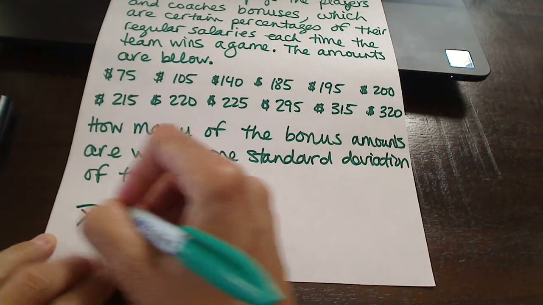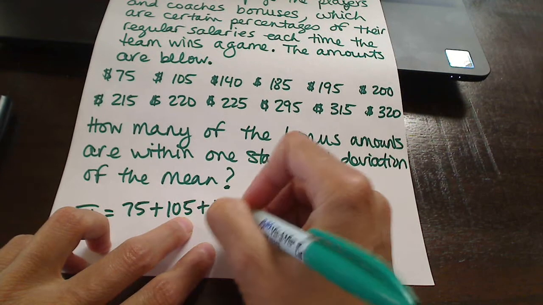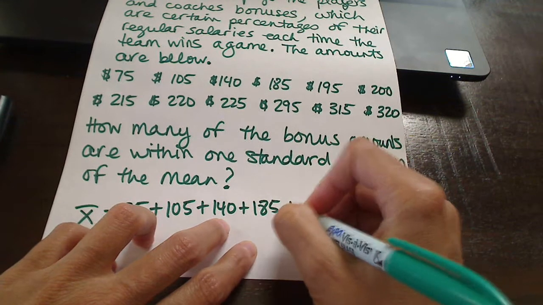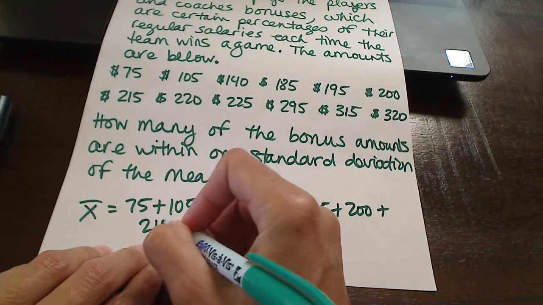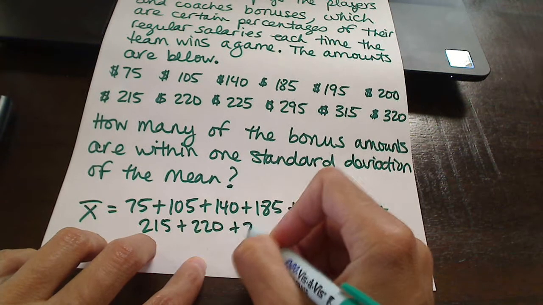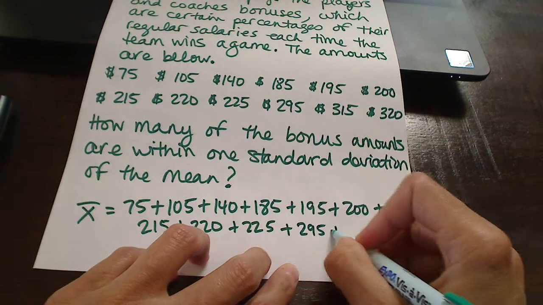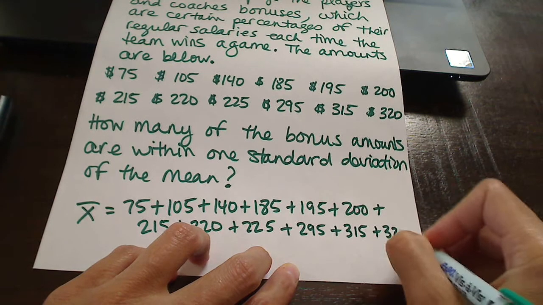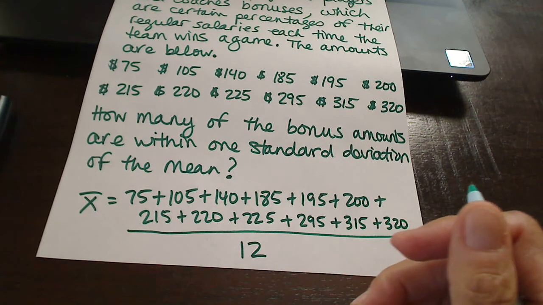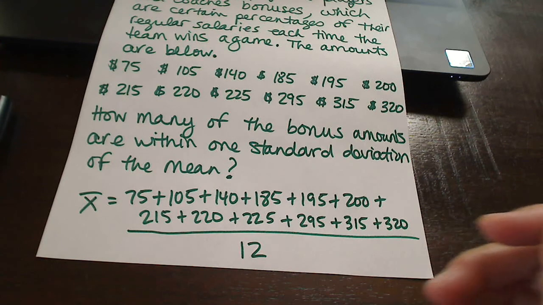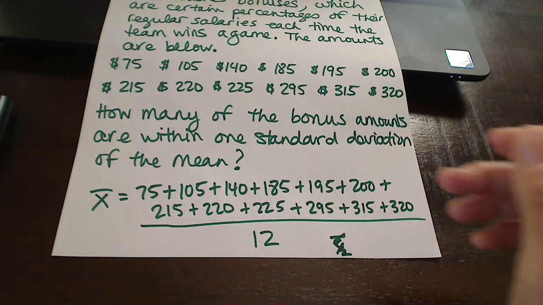And so I'm going to go ahead and add all of these numbers up and then divide by however many of them I have. Okay, and there's 12 numbers, so we're going to go ahead and divide by 12.